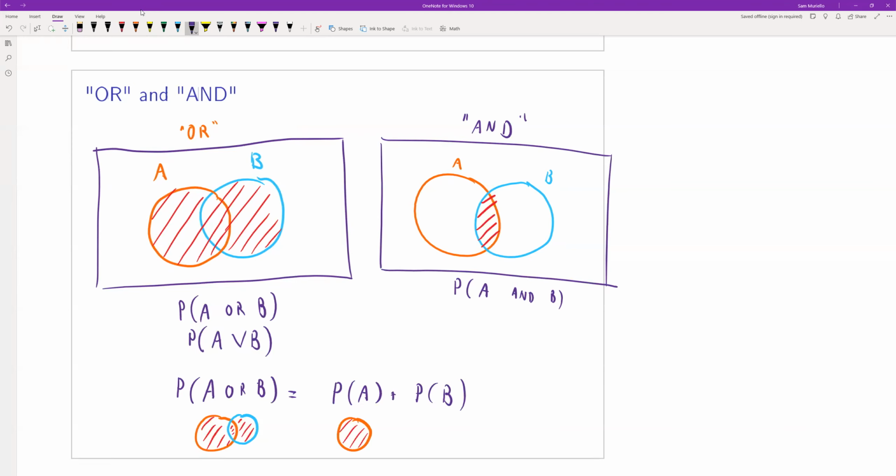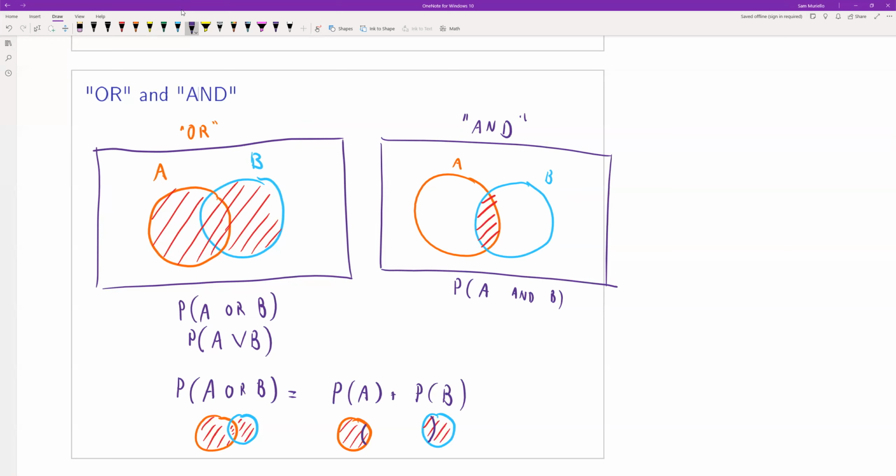So I'm saying if A or B is going to happen, then I have to consider all the times where A happens, and I have to consider all of the times where B happens. And so visually, we've got these two circles, but there's one big thing that we need to consider. Both of these scenarios have counted the overlap, which means that we have actually counted the overlap twice. And that means that we've gathered too large of an area.